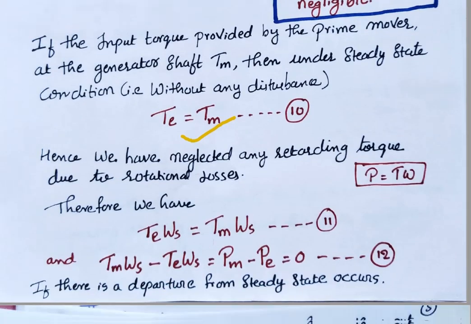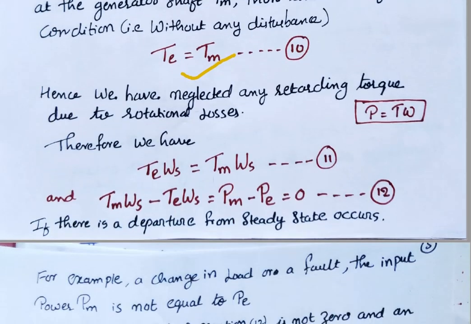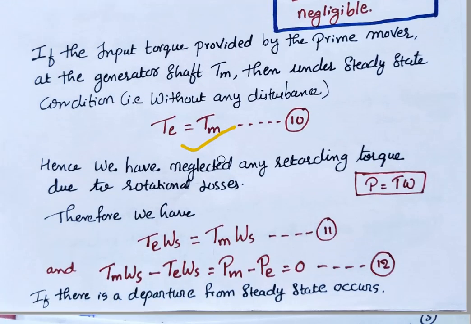So the same has been given here. Under steady state condition without any disturbance, Te equals Tm. That means my generator is rotating at constant speed. The shaft is rotating at constant speed.